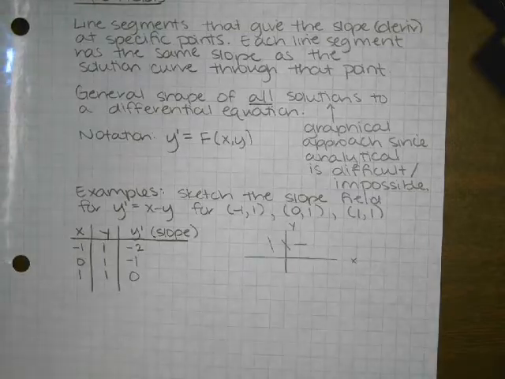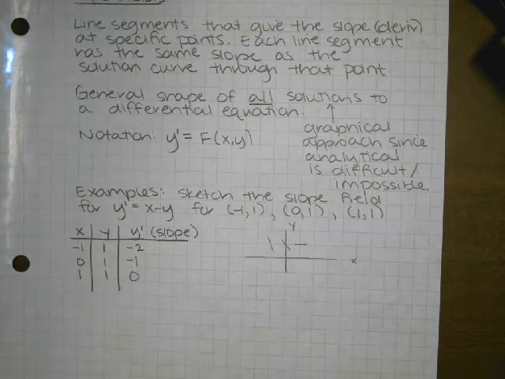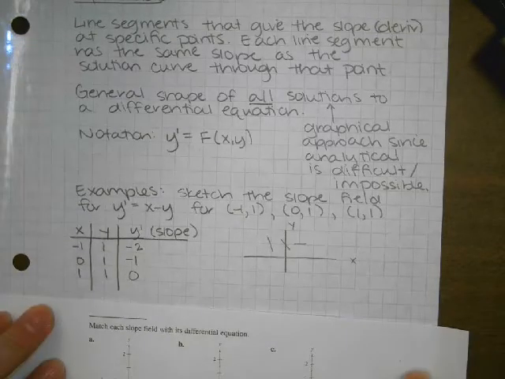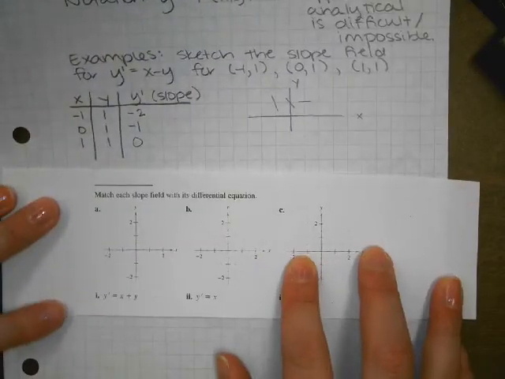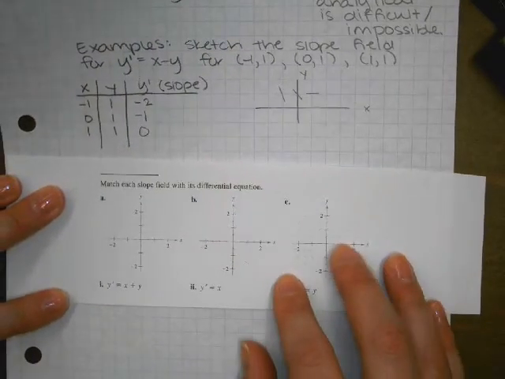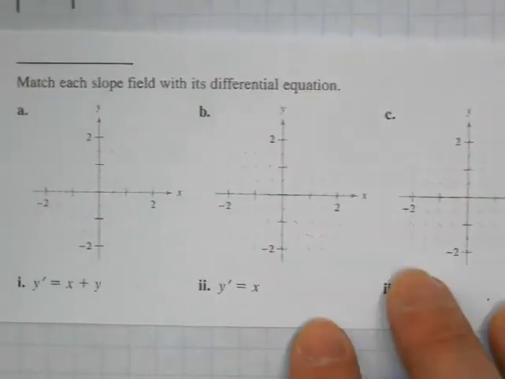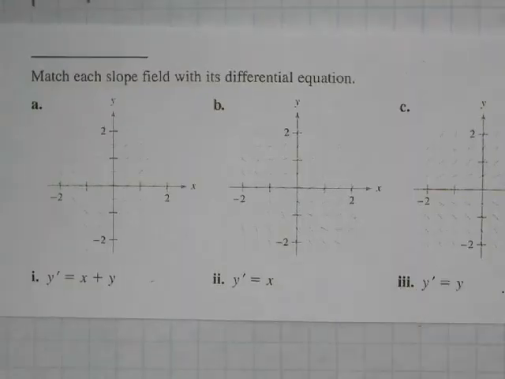All right, so what we're going to do next is we're going to work with the little sheet that I gave you where we're going to match the slope field with its differential equation. And hopefully you guys can see these okay. They did not photocopy as well as I'd hoped they would.